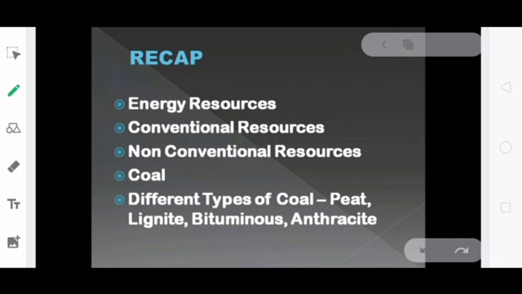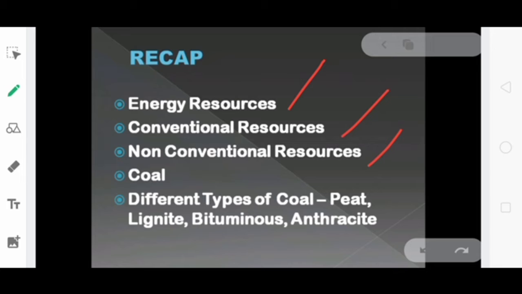Let's see what we have discussed in the last video. In the last video we started off with energy resources. We have seen that energy is required for all activities and energy is generated from different fuel minerals like coal, petroleum, natural gas, uranium, from electricity, etc. Then we went on to divide energy resources into two: conventional resources and non-conventional resources.